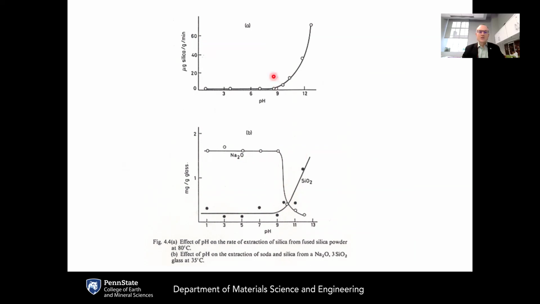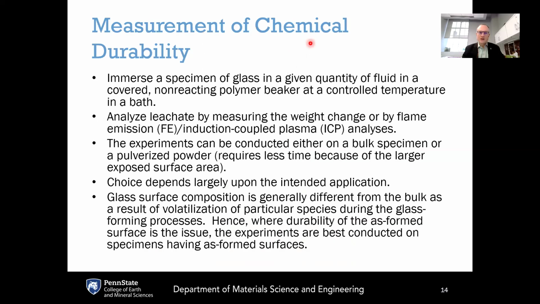You can see that also reflected in the upper graph, which shows the micrograms of silica that gets released. At the lower values of pH, there is a very small amount of silica that gets released, but above a pH of 9, where the network itself gets to be etched, that's where we start to get a considerable amount of silica released.